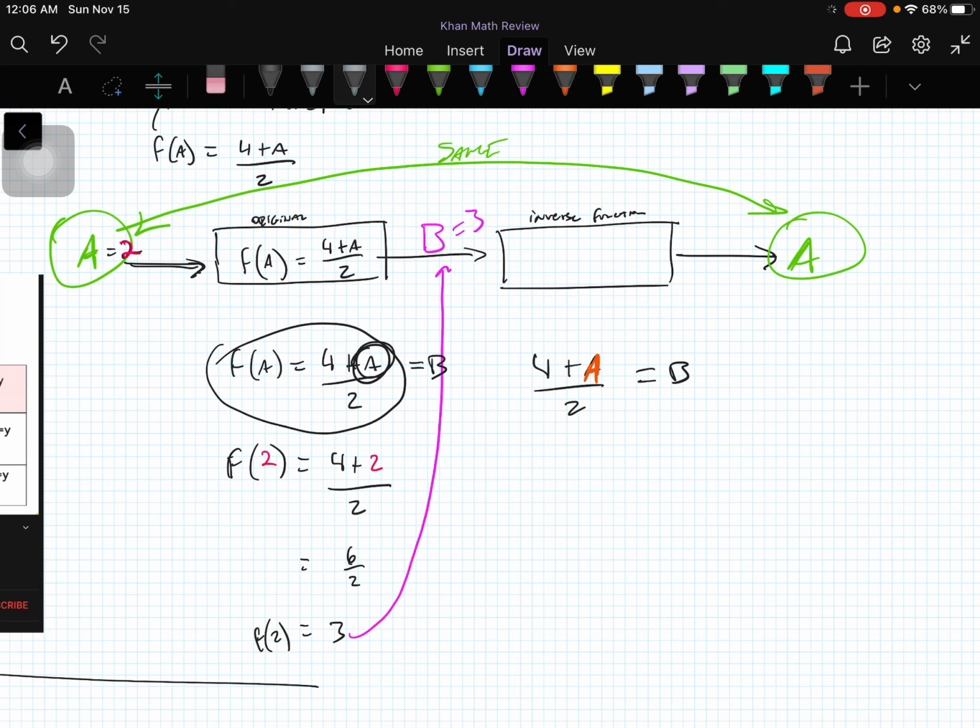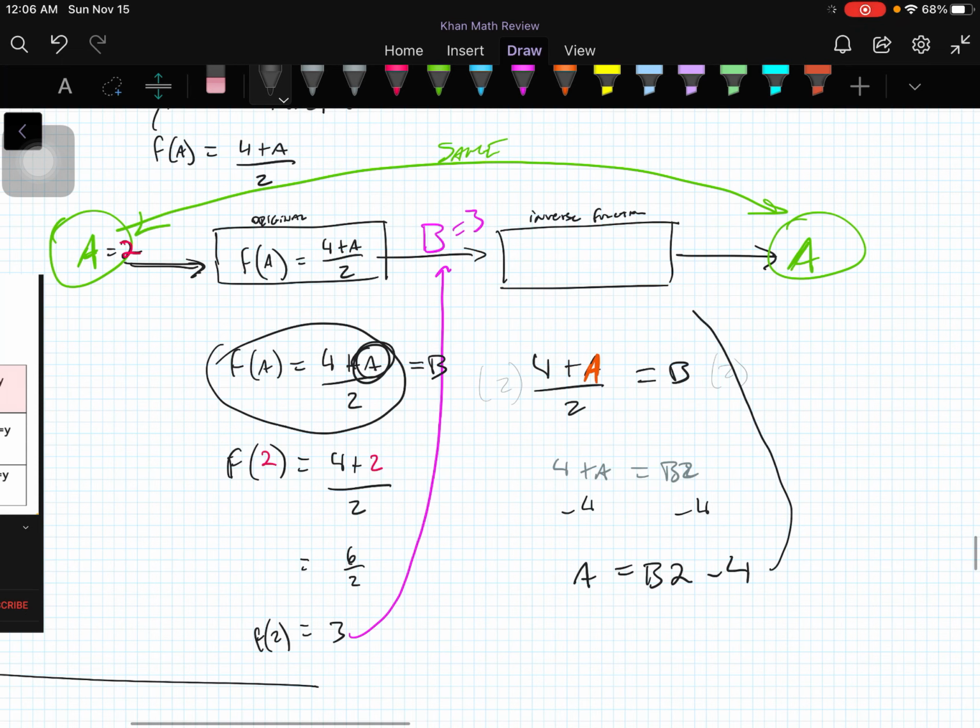So times 2, and that's going to be 2b equals 4 plus a, minus 4, so a equals 2b minus 4. That's our inverse function. And that's going to be f of b equals 2b minus 4.